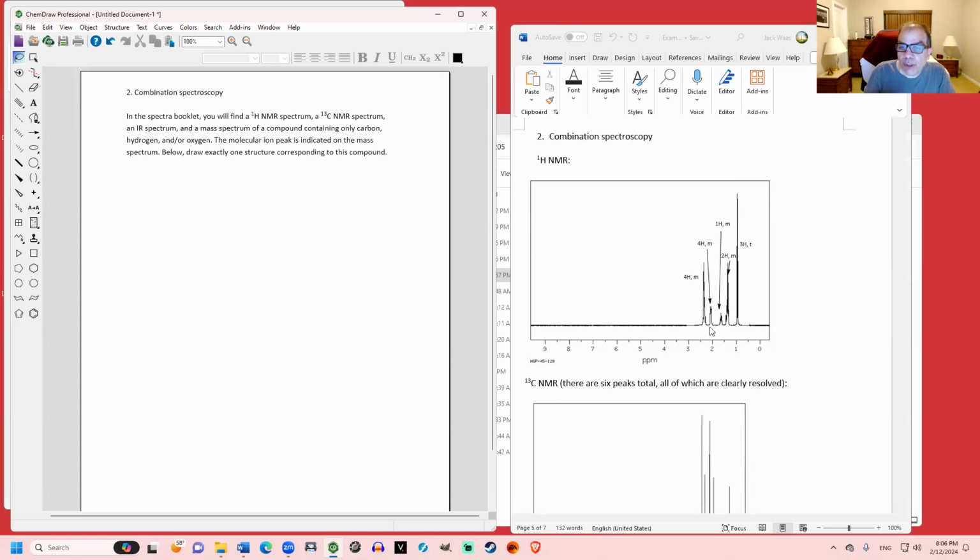But I'm noticing on the proton NMR a couple of 4H resonances. That's got to be each of them 2 equivalent CH2s, because it can't be CH4. We also have a CH3 and a CH2, and then a CH over here.